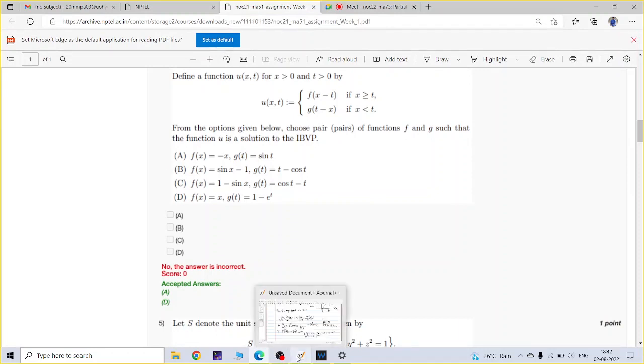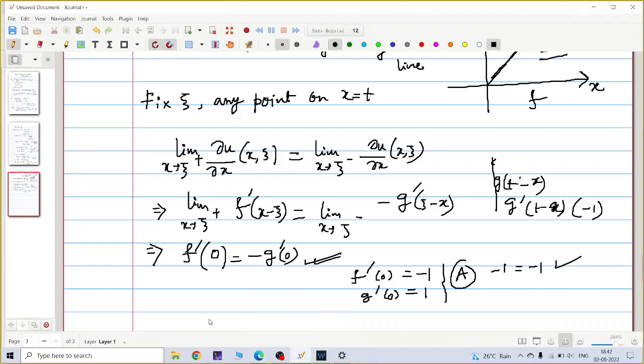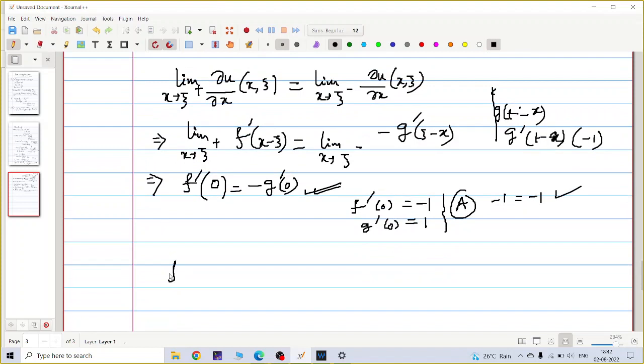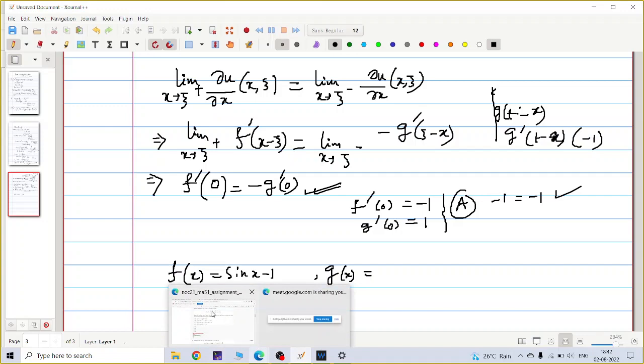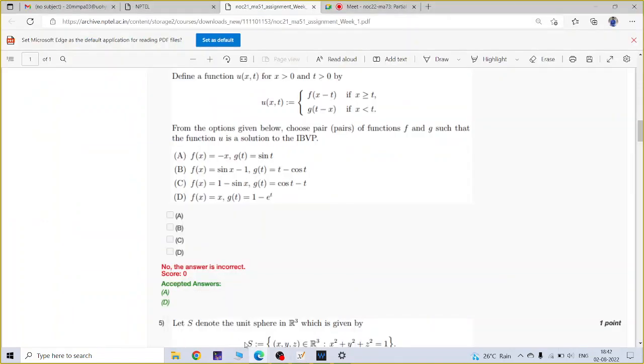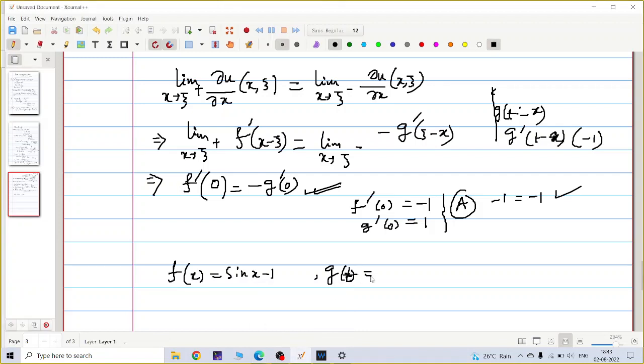Then f of x equal to sin x minus 1, and g of t equal to t minus cos t. Okay. So what is f dash x?